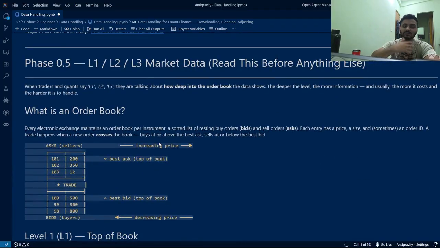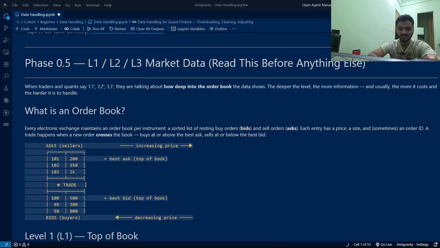Then let's talk about different types of data, that's L1, L2, and L3. It's basically like each of those levels signifies how deep into the order book the data actually shows. The deeper the level, the more the information, and usually the more it costs, the harder it is to handle. Now, what is an order book? Basically, every exchange maintains an order book per instrument, a sorted list of buy orders and sell orders.